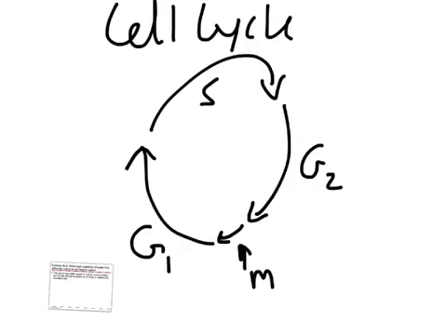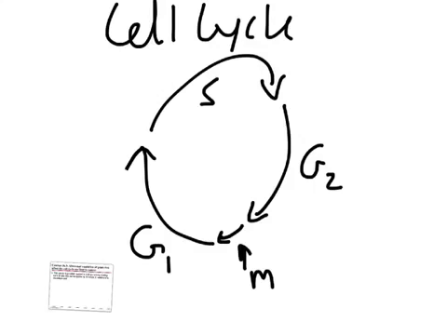And there are different stages of the cell cycle because cells are doing different things at that point in time. What's happening in the cell in G1? It's just growing and normally doing its job.